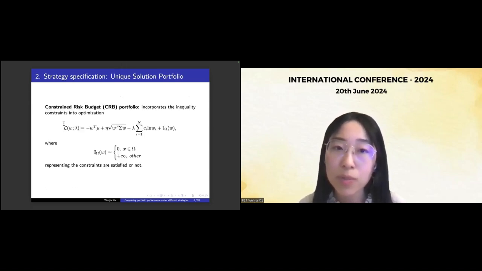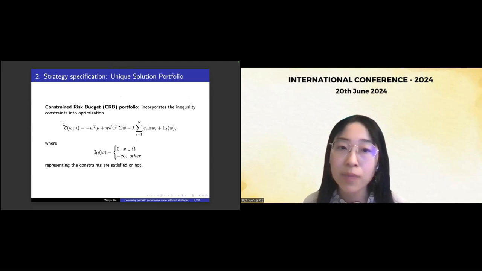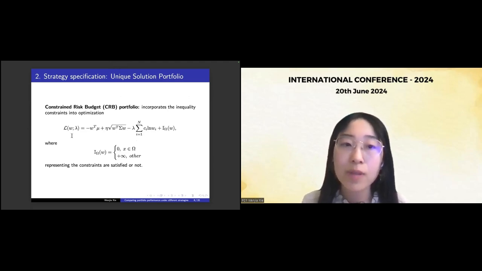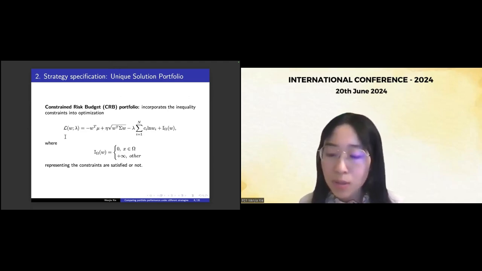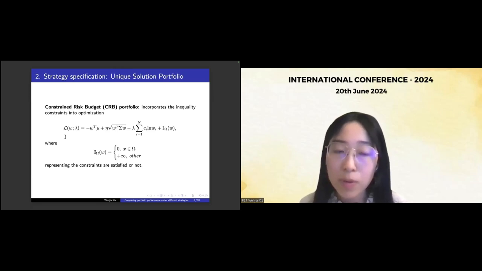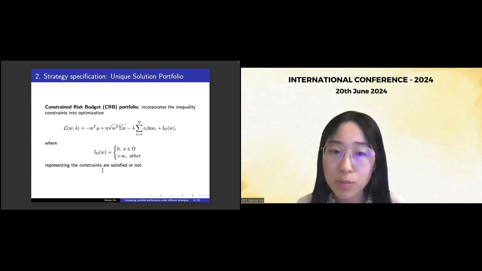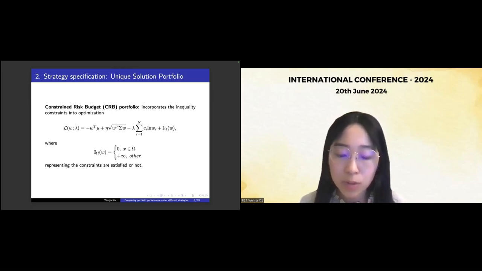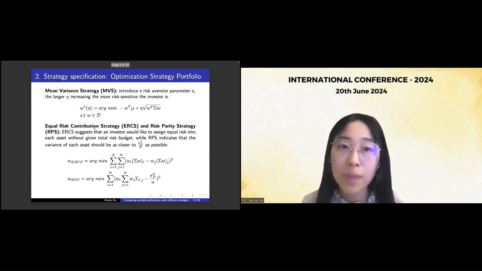The constrained risk budget portfolio incorporates the inequality constraints into the optimization. So we have this constrained problem. This notation represents whether the constraints are satisfied or not.